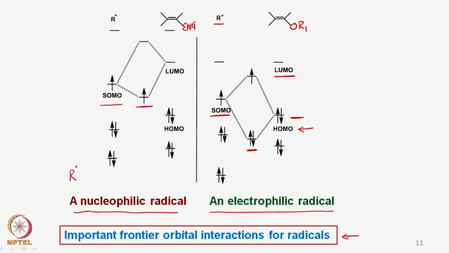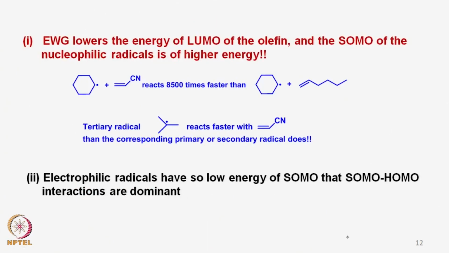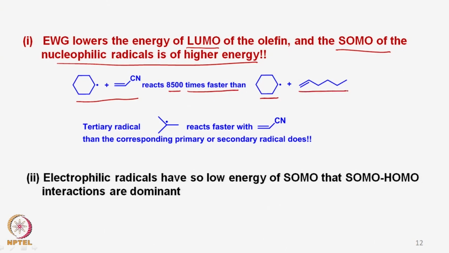At the same time we can also look at a couple of more aspects of it. One is that as we discussed, the electron withdrawing groups lower the energy of LUMO of the olefin, and SOMO of the nucleophilic radicals is of higher energy. That is how, for example, if you take simply the cyclohexyl radical, it reacts 8500 times faster than the same radical reacting with an ordinary olefin having no electron withdrawing group.